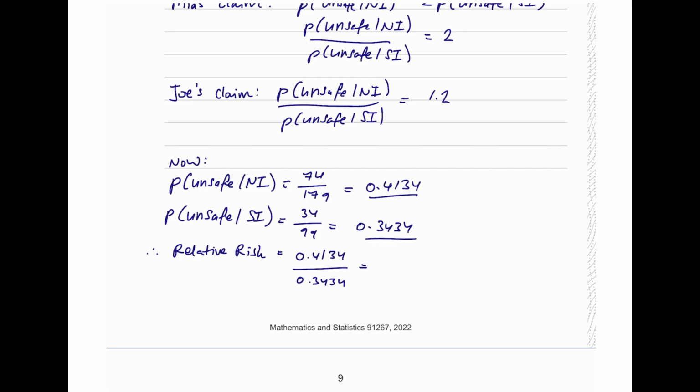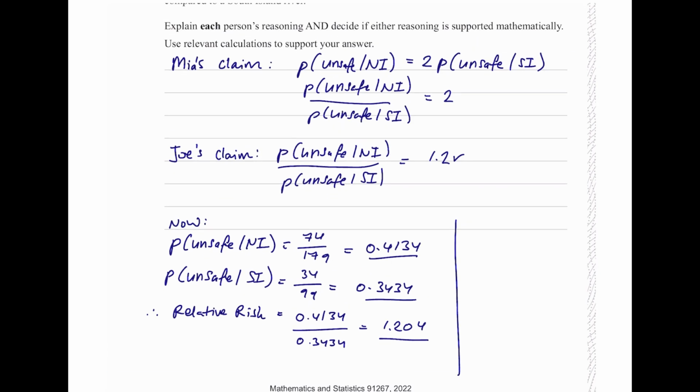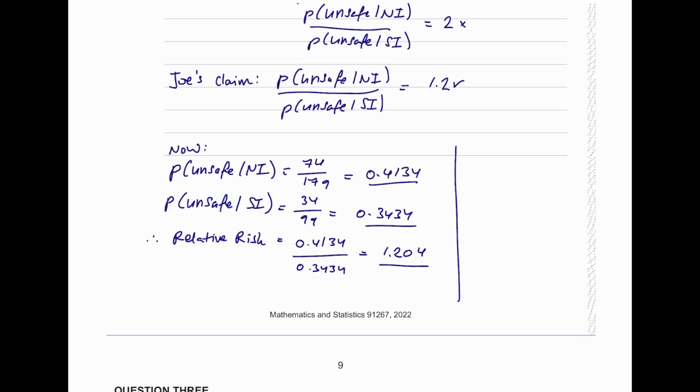So we do the division, 0.4134 divided by 0.3434, we get 1.204. So that means Joe's claim was 1.2, but Mia's claim was 2. So Mia's just completely wrong there, right? So therefore, Joe's claim is correct. Mia is wrong. So Mia needs to go back to school.